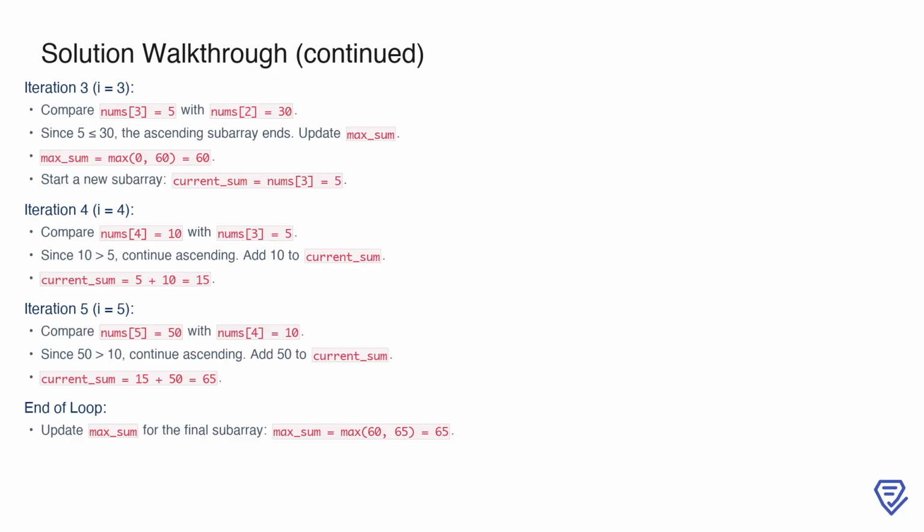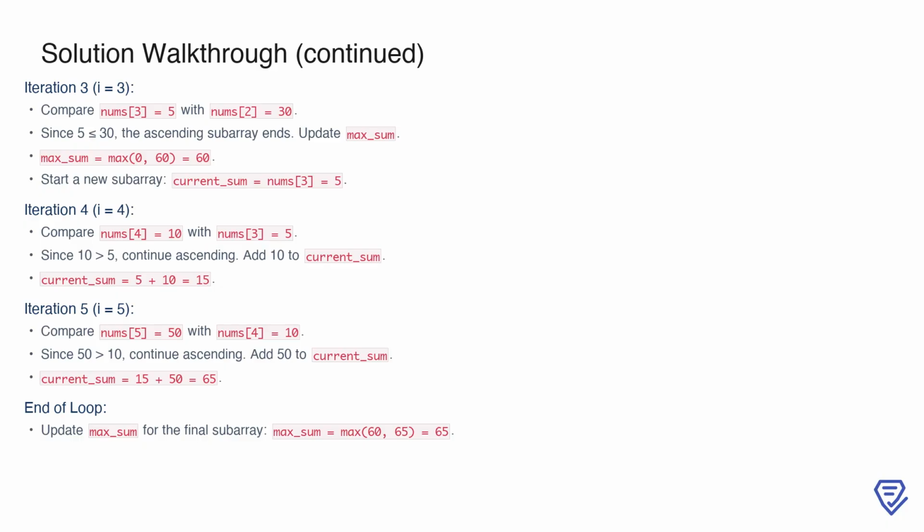Since 5 is less than or equal to 30, the ascending subarray ends here. We update max_sum by taking the maximum of the current max_sum, which is 0, and the current_sum, which is 60. This updates max_sum to 60. Since the ascending subarray has ended, we start a new subarray with current_sum set to nums[3], which is 5.